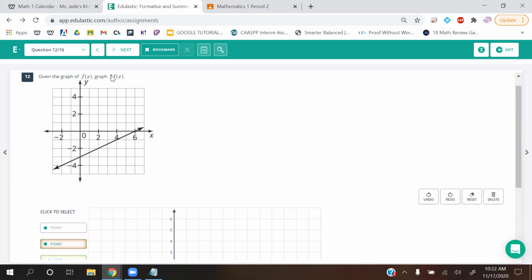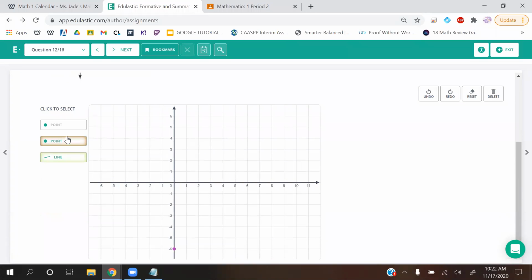Okay, let's do another point. Over here we have 2, -2. We're going to take our original y value, which is -2. What is -2 multiplied by 2? That should be -4. So I'm going to put my second point over here at 2, -4.